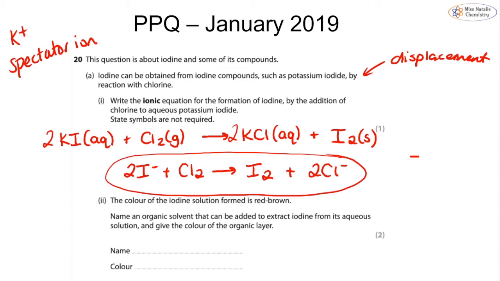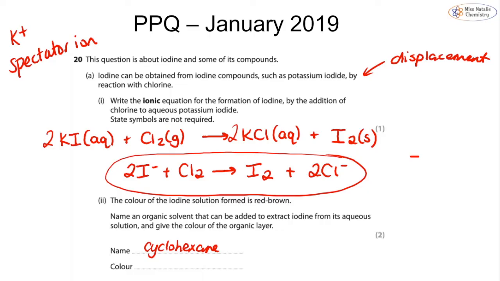Now, the colour of the iodine solution formed is a red-brown colour, and we want to extract the iodine from the aqueous solution using an organic solvent and then give the colour. So I did say that this is one that you should know for exams, and your best organic solvent to use typically is cyclohexane, but you can use any suitable liquid organic solvent.